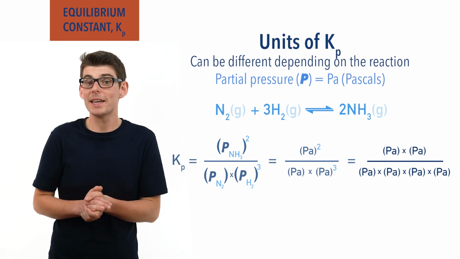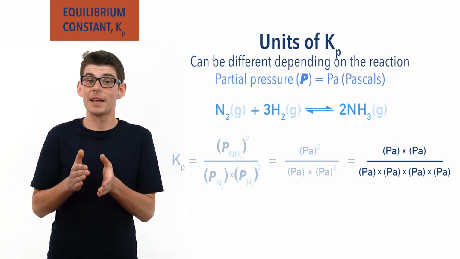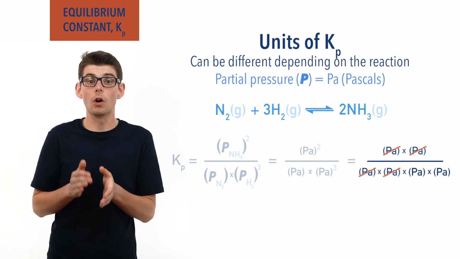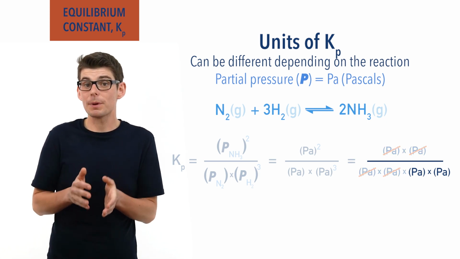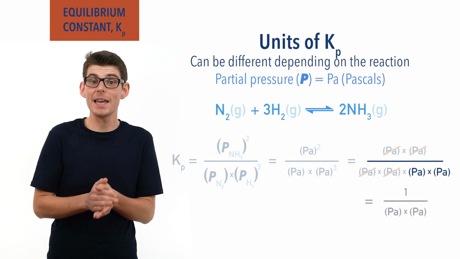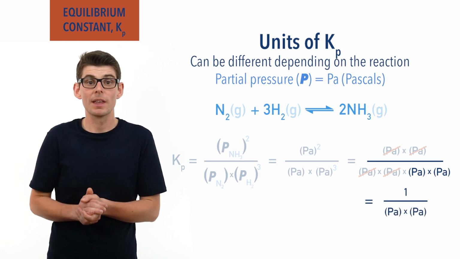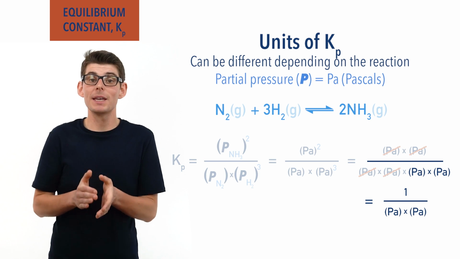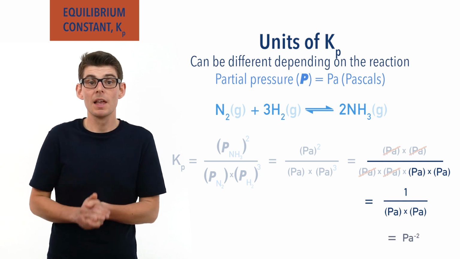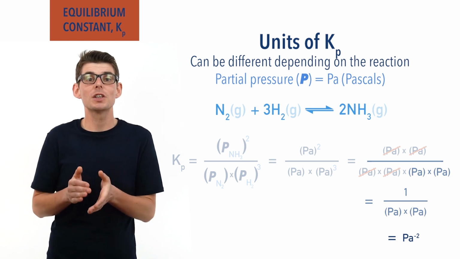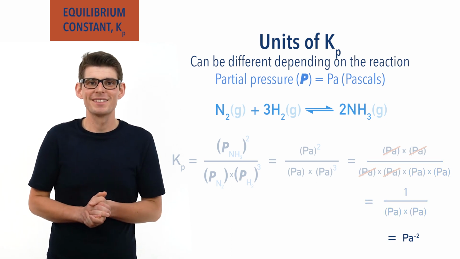There are 2 Pa on the top of the fraction that can be cancelled out by 2 on the bottom of the fraction, leaving 2 on the bottom. This now becomes 1 divided by Pa times Pa, or 1 divided by Pa squared. That is the same as writing Pa to the power minus 2, meaning the units for Kp for this expression are Pa to the power minus 2.